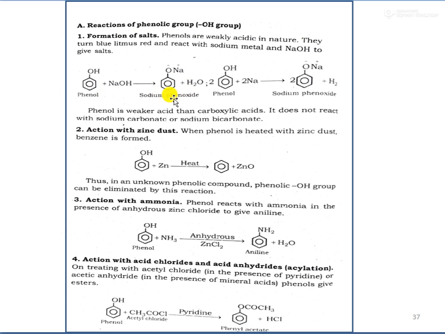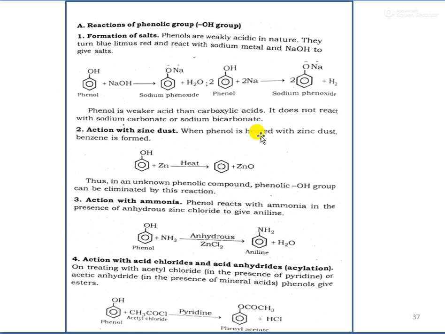The salt is sodium phenoxide. And again, in place of NaOH, you can take sodium metal. This is a very vigorous reaction in the presence of sodium metal. This reaction will also give you sodium phenoxide with the release of hydrogen. Then the action of zinc dust is shown in your text.